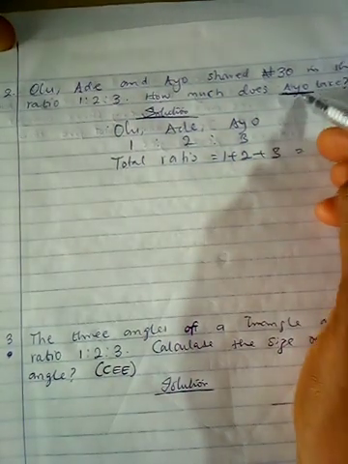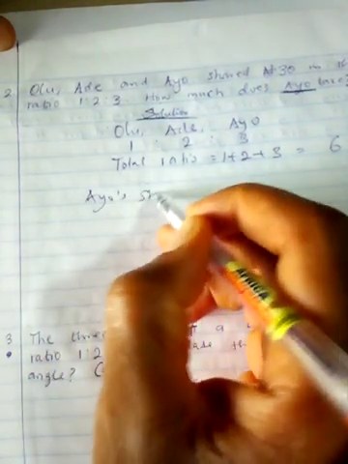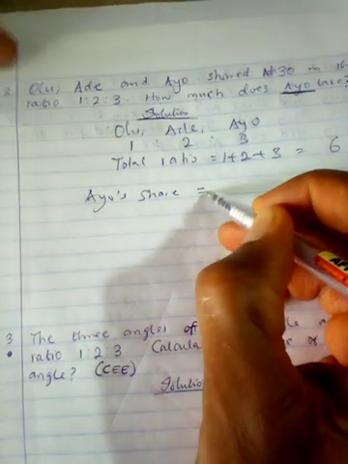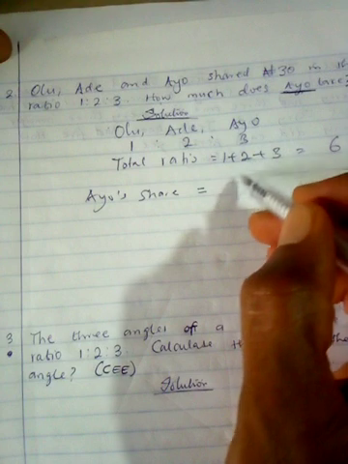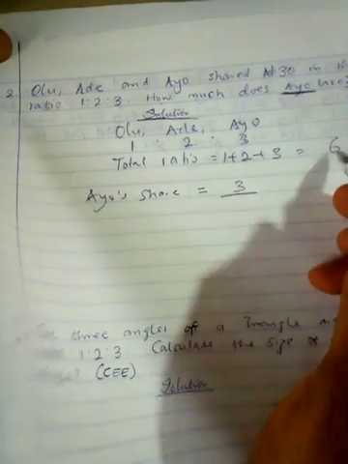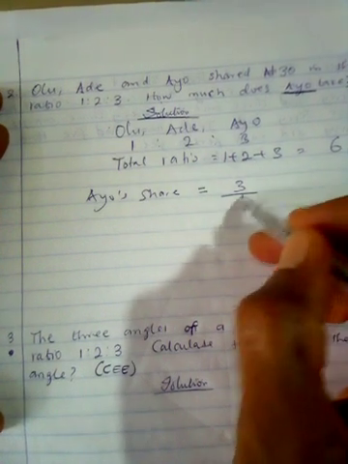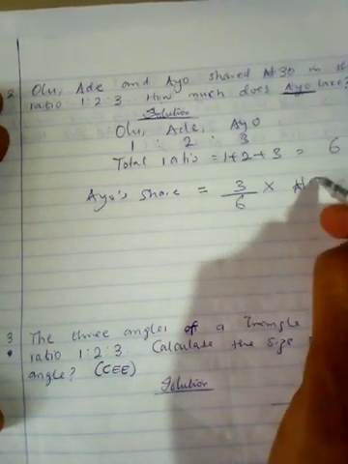So Ayo's share is equal to Ayo's ratio, 3, over the total ratio, 6, multiplied by the amount to be shared, which is 30 naira.